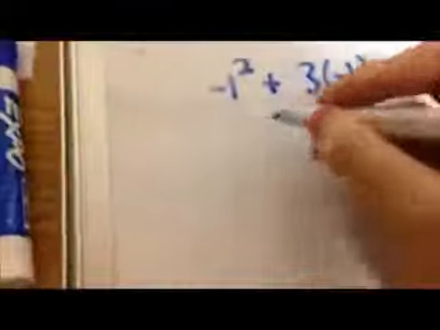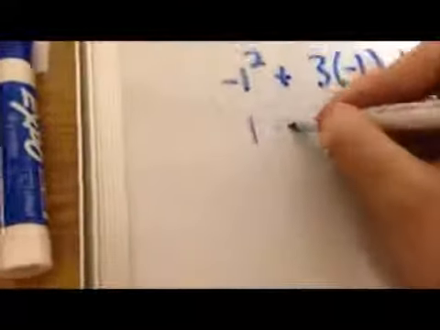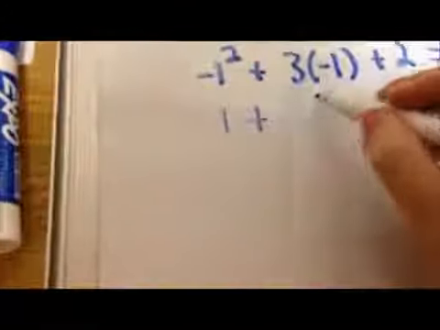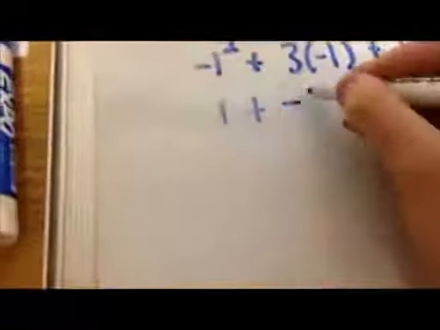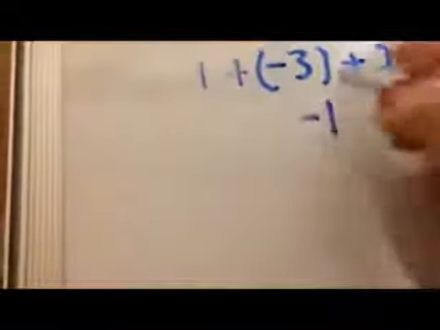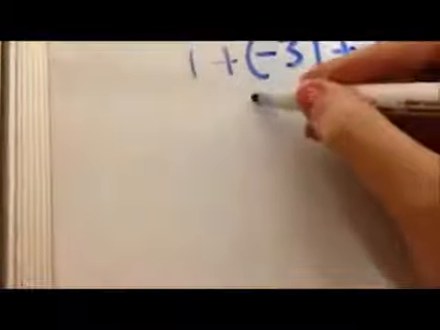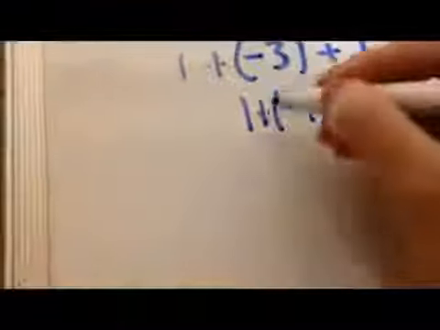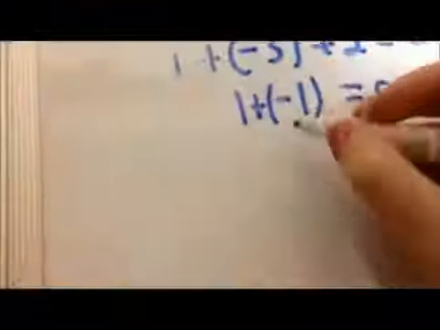So negative 1 squared is 1, plus negative 1 times 3 is negative 3, plus 2 equals 0. So negative 3 plus 2 will give us negative 1, and we have 1 plus negative 1 equals 0, and that will be 0 equals 0. So negative 1 works out.